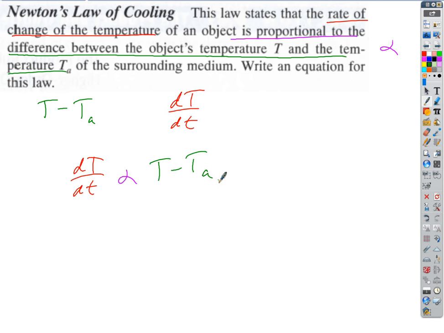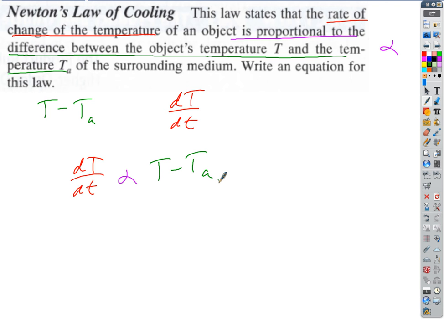That literally says the rate of change of temperature is proportional to the difference in temperatures, right? But proportionality is weak. We can't do any algebra with that. We're going to make it an equation.